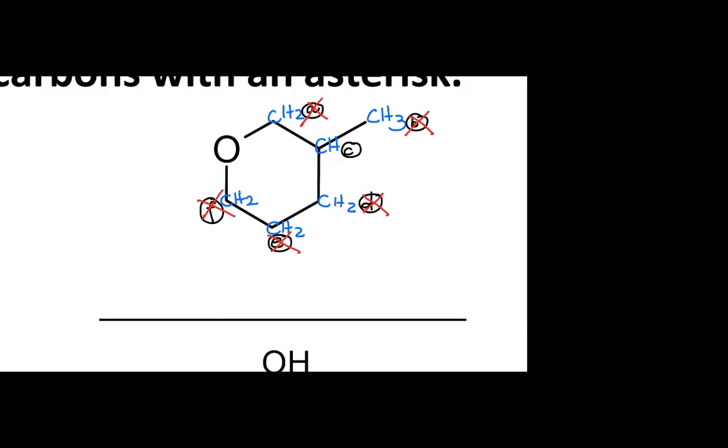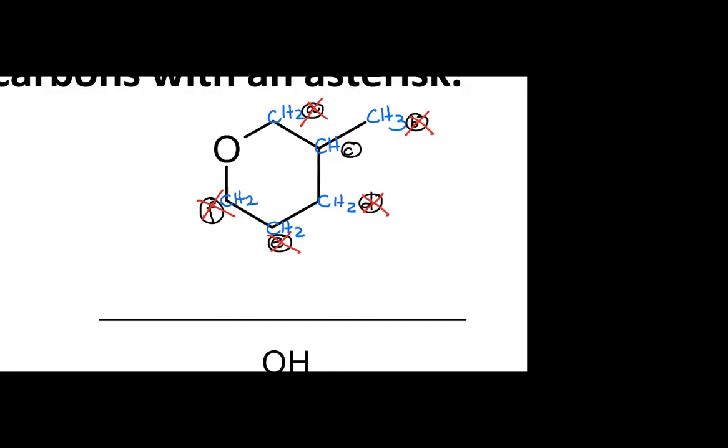Remember, if you have 2 atoms that are the same, then immediately that carbon is not chiral. So A, D, and E have 2 hydrogens. They cannot be chiral. B has 3 hydrogens. It cannot be chiral. So understand that as long as you have 2 or 3 that are the same in terms of atoms, then all of a sudden you're not chiral.